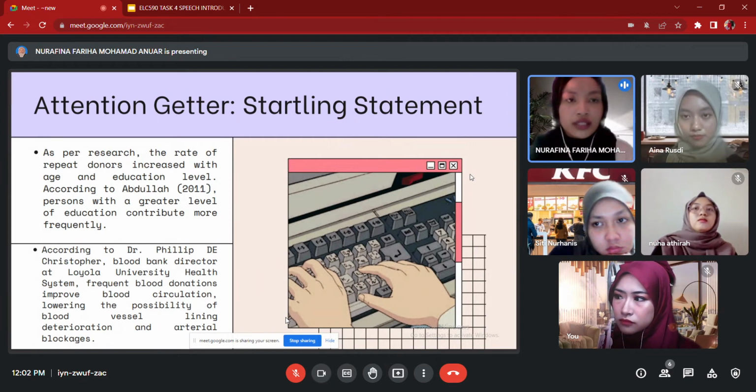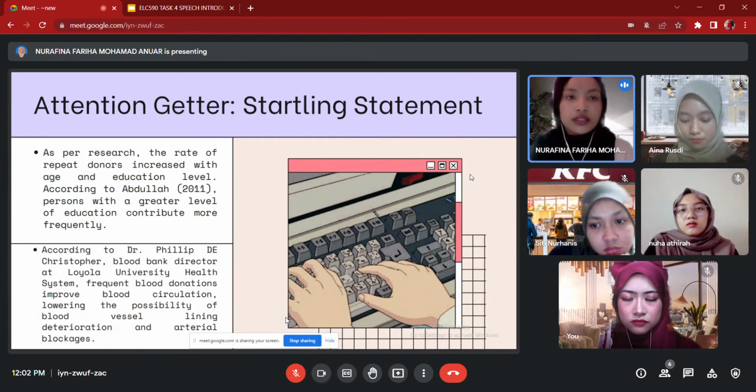The first one is, as per research, the rate of repeat donors increases with age and education level. According to Abdullah, 2011, persons with a greater level of education contribute more frequently.